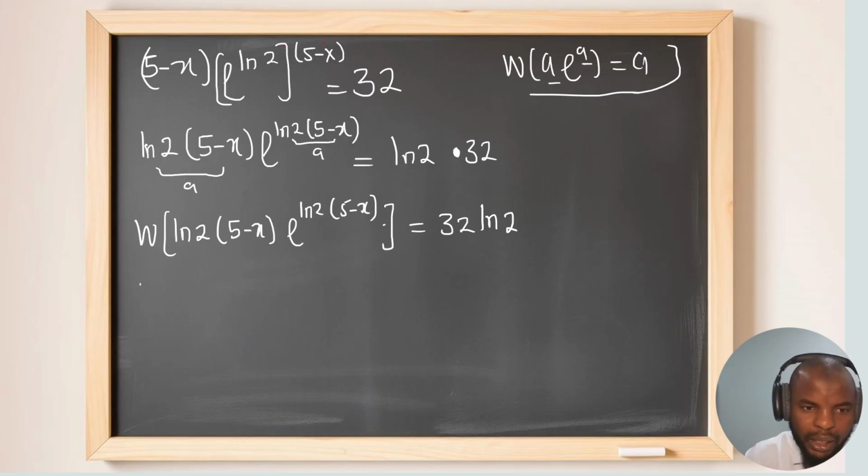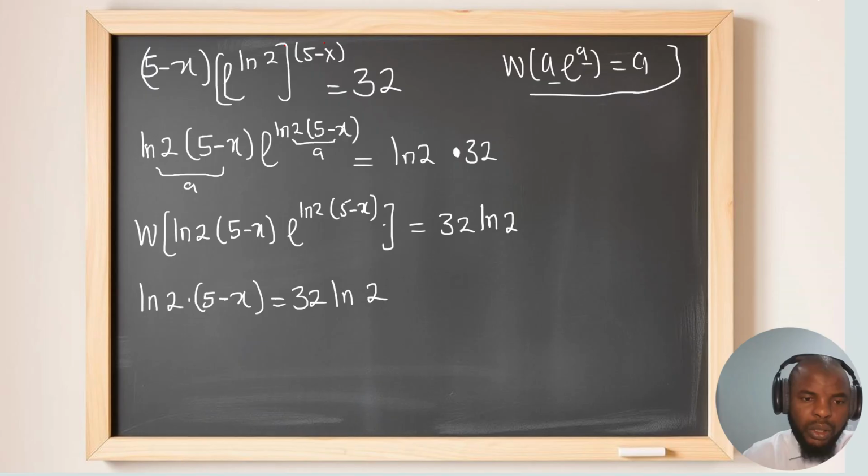And what is our a? Our a is natural log of 2 times 5 minus x, equals 32 times the natural log of 2. And here, looking at this, dividing both sides by the coefficient of 5 minus x, which is natural log of 2.